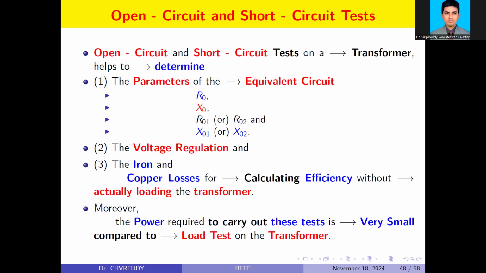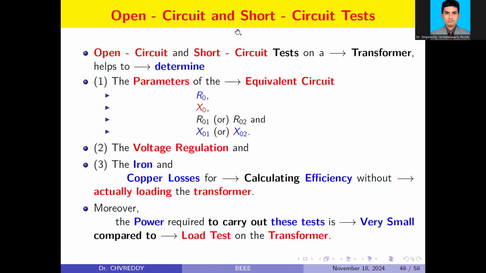Moreover, the power required to carry out these open circuit and short circuit tests is very low compared to the load test on a transformer. Here we are discussing the open circuit and short circuit tests.